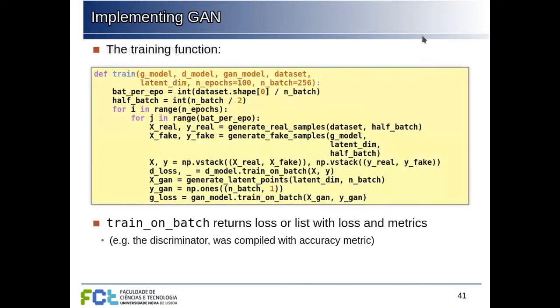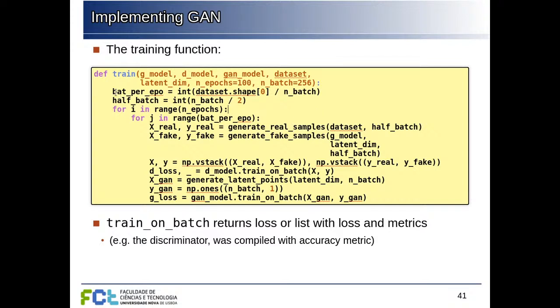So how do we do that? We're going to alternate training the discriminator and the generator. And the idea here is that we're going to do a number of epochs, for example, 100 epochs. We have this batch size, 256.